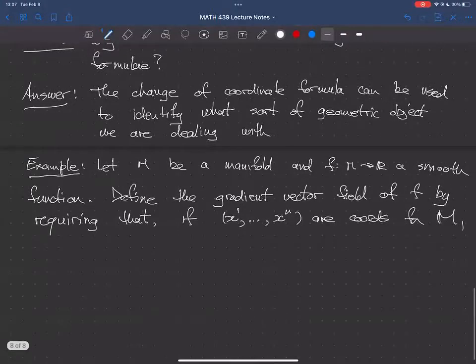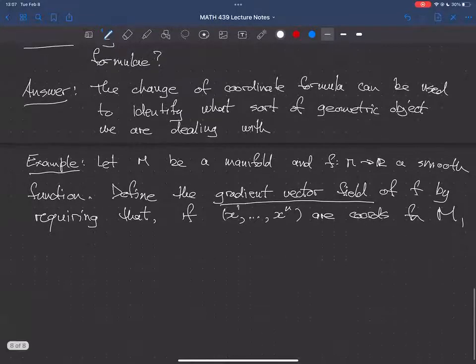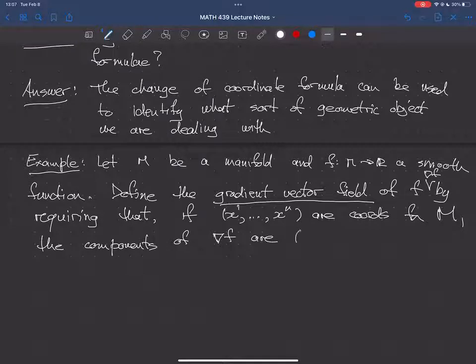Okay, so I'm going to define the gradient vector field of f by requiring that if I take any set of coordinates for M, the components of the gradient vector field of f, which I'm going to denote the usual way, grad f, are going to be the components of grad f, the ones that you're used to.